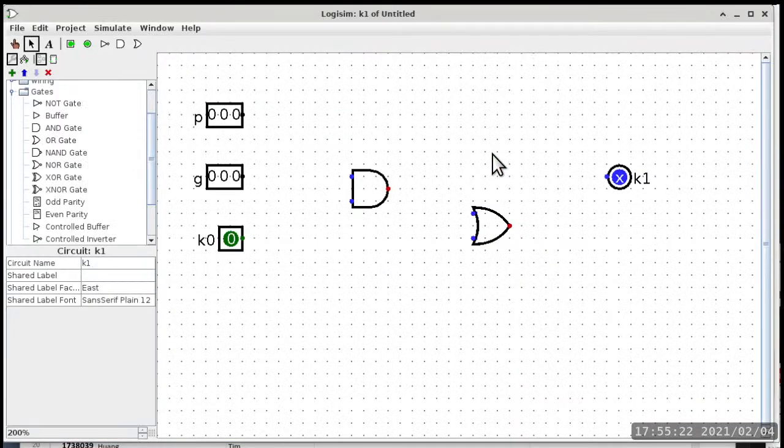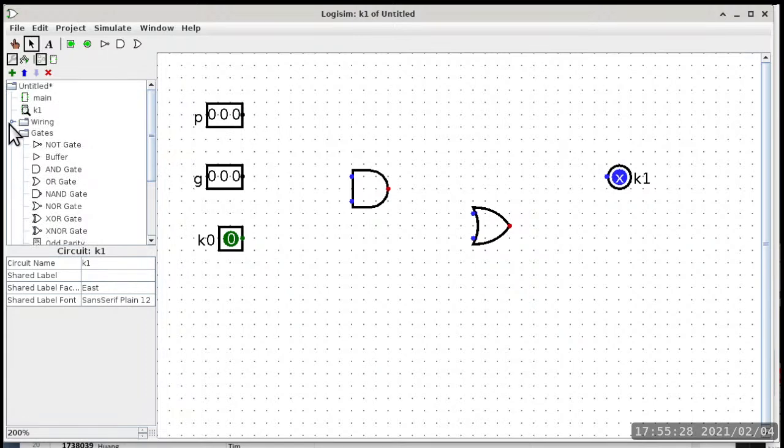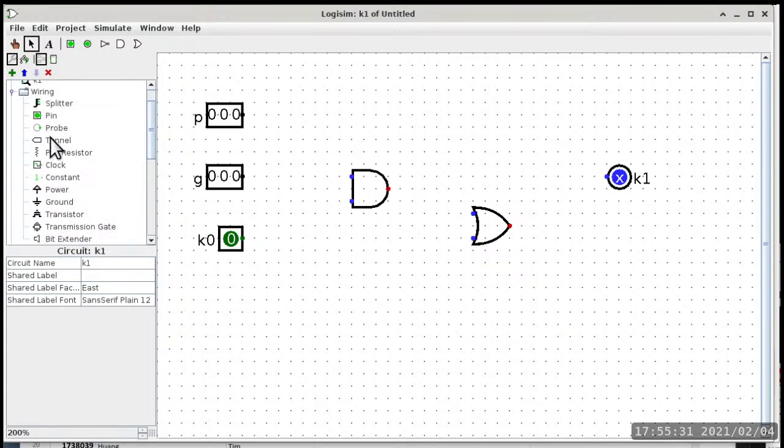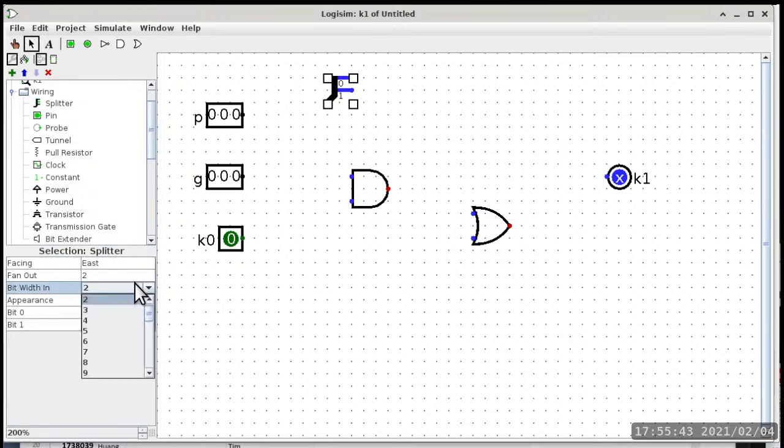Okay, so we go back to Logisim. We look at this P, and we just need one of the 3 bits. So we go back to wiring, pick up a splitter, and the splitter is the top. There we go. The quickest way to do this is to say we need a 3-bit splitter that is split 3-way.